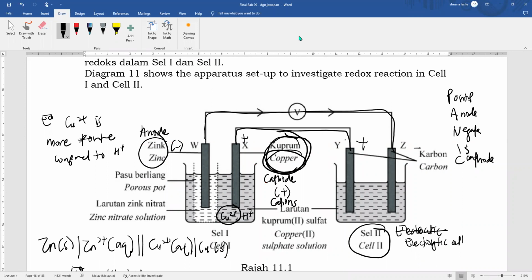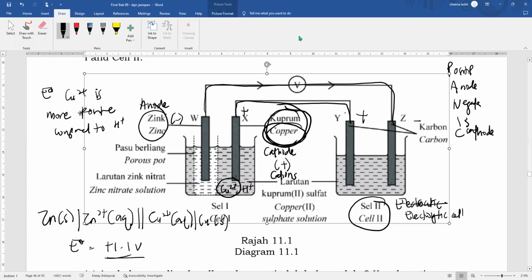Okay, now class, everybody doing together with Dini. The question is, what is my observation in Y? What is my observation in Z? And right after this question, teacher will do an electrolytic question with you. Cathode Z becomes thinner and cathode Y is a brown substance, am I correct? Yeah, correct. You are getting there.